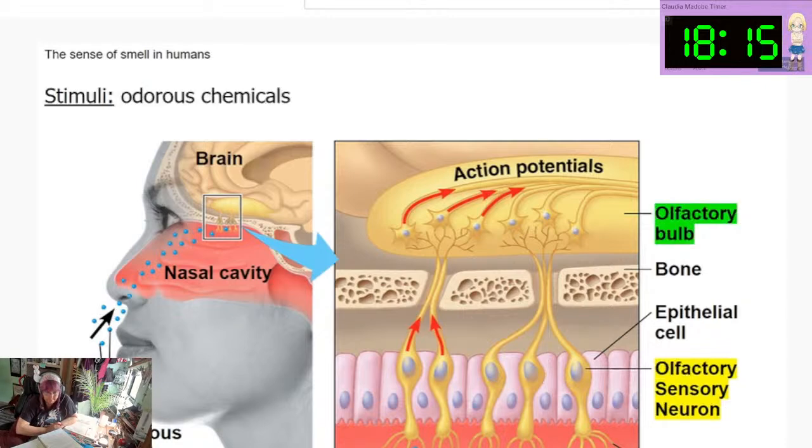All right, so let's go through the 4 steps of olfactory perception. First is reception, in which odorous chemicals bind to olfactory receptors of the sensory neuron. They bind to these particular proteins. They bind to the sensory neuron.